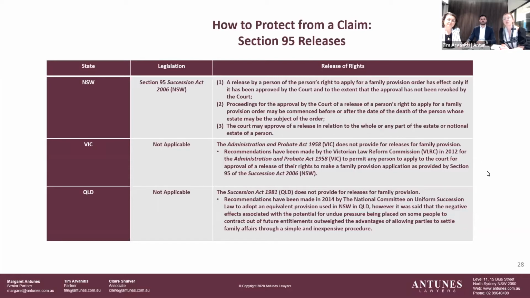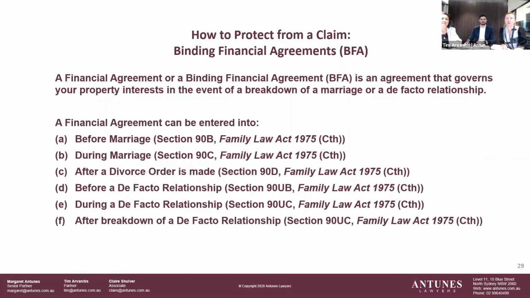Another way that you can protect your assets, on the next slide, is entering into a binding financial agreement. Commonly these are called prenup agreements, or very Americanized versions of prenups. Here in Australia, we call them binding financial agreements, or financial agreements.